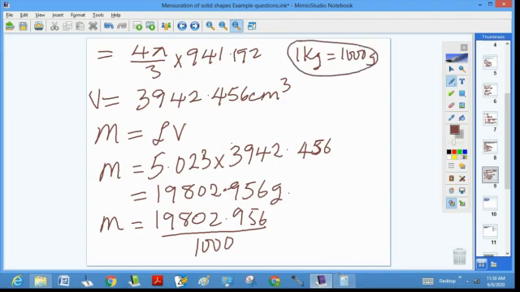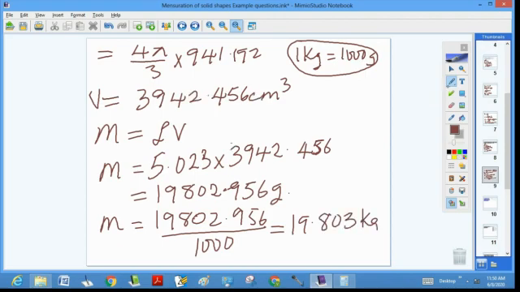To convert from grams to kilogram, we have to divide the value in grams by 1000, and when that is done, we are going to have around 19.803 approximately in kilograms.